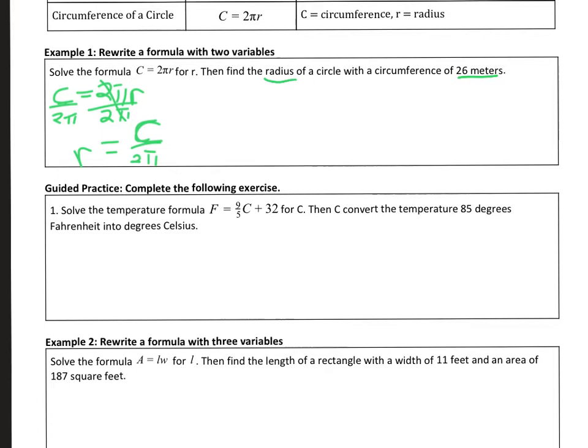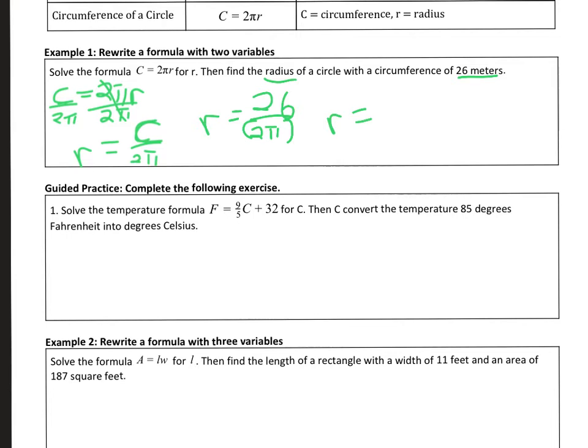To find the radius, I take my formula and substitute in the circumference. So that's 26 divided by 2 pi. If I'm doing this in my calculator, you've got to be careful. When you hit that divide symbol, make sure you put the 2 pi in parentheses, or else your calculator is going to do some goofy things on you.